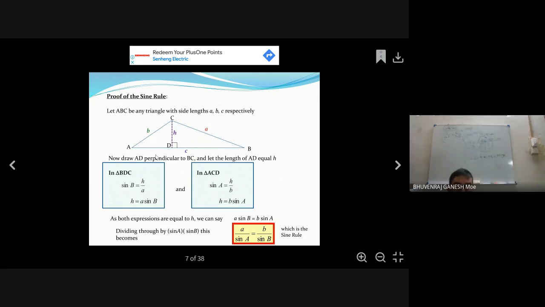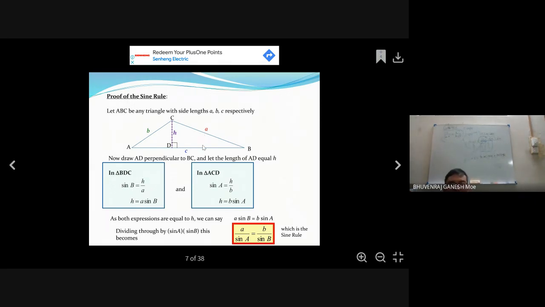Okay, so we let length AD equal h. Something is wrong, it should be CD. Let CD equal h. So we focus on one triangle first, which is BDC, the triangle over here on the right. Since it's the sine rule and you want to derive it, you have to use the sine function, of course.